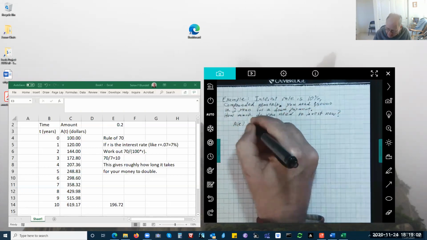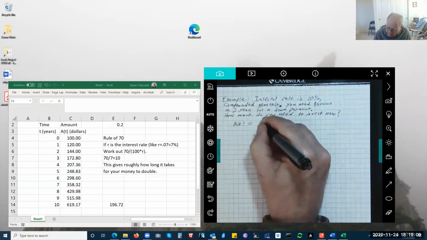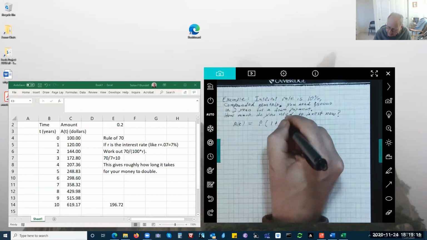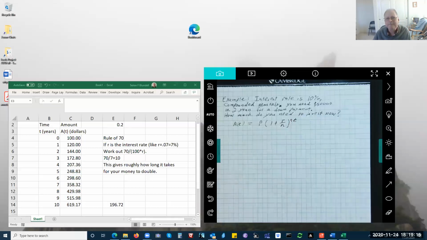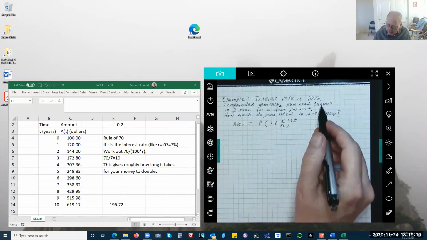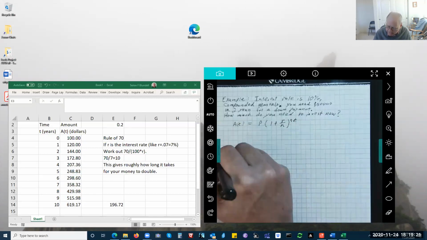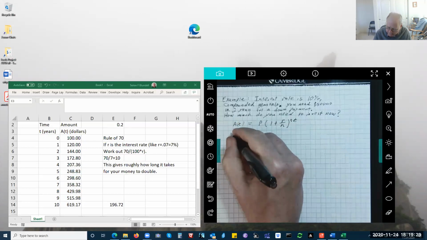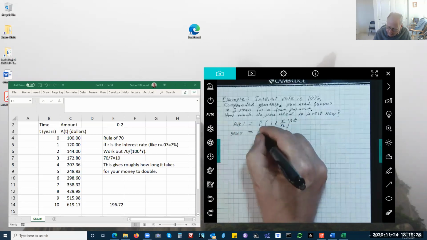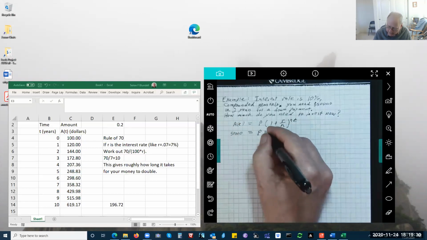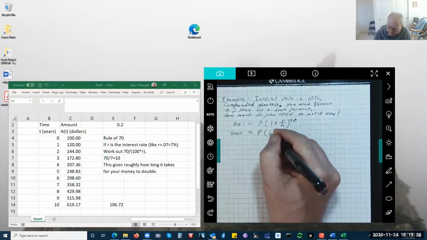So the amount in year T, it's the principal times 1 plus R over N to the NT. We're going to need $50,000 in 2 years. So that's some amount we don't know that we have to put in right now.